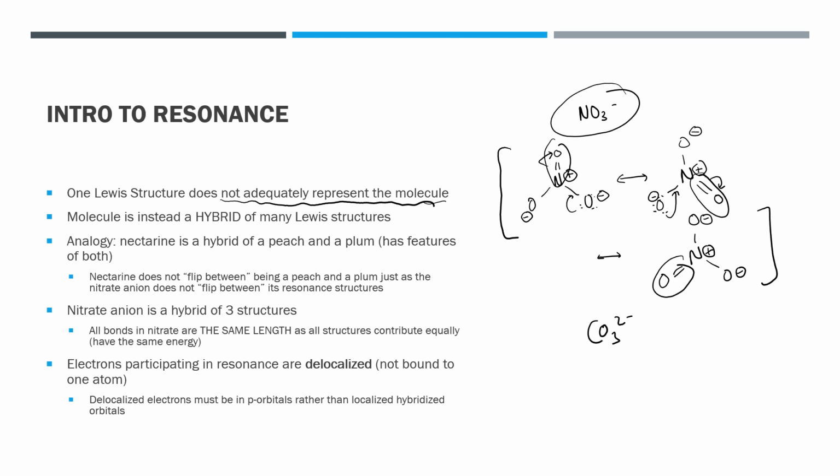And you can see these arrows I've drawn, right? You might be confused as to what those arrows are. Basically I'm using the arrows to show electron pushing. So you can see that I'm taking this electron pair and pushing it to form a double bond, and I'm taking the double bond where the nitrogen was connected to the other oxygen and moving it to a lone pair on that other oxygen.